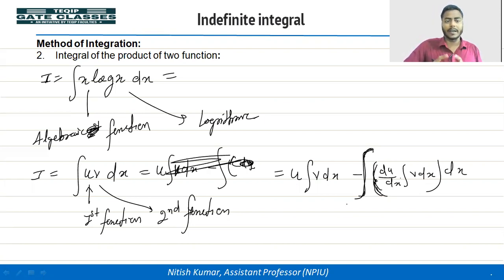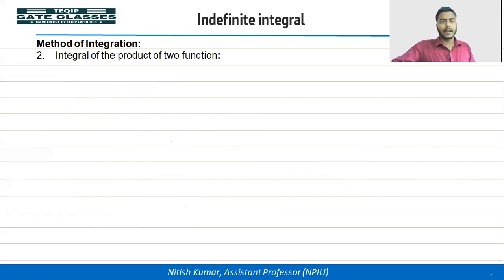Like x and log x. One is an algebraic function and one is a logarithmic function. Which function will be the first function and which will be the second? We will choose according to the Euler rule.